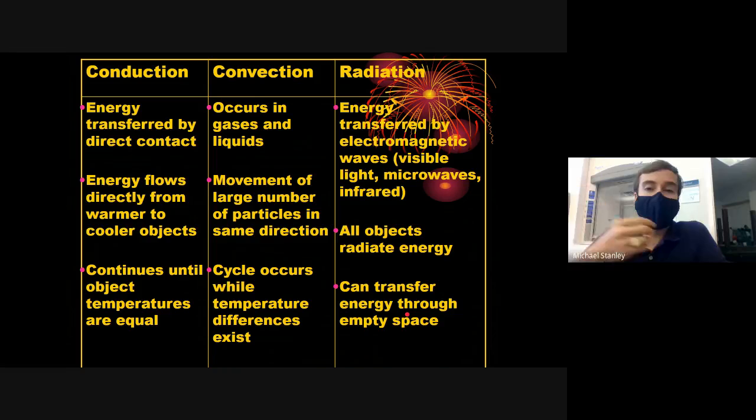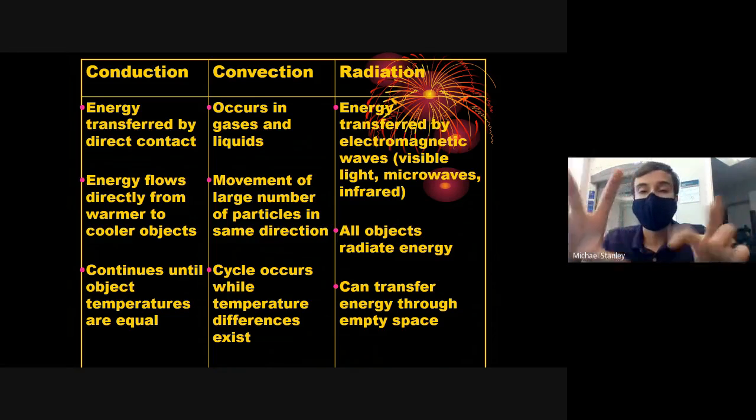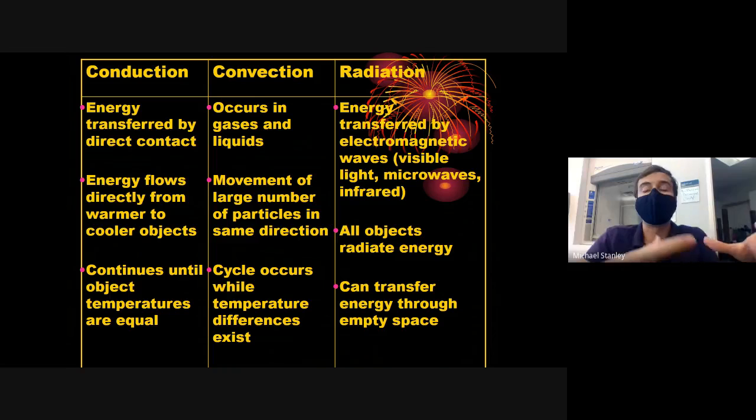All right, you can feel the radiation from a fire, even if you're not touching it, because of this radiation traveling from the fire through the air to your hands. So these are the different ways that we can move heat from one area to another. And as long as there are differences in temperature, that heat is naturally going to flow from the hot area to the cool area.